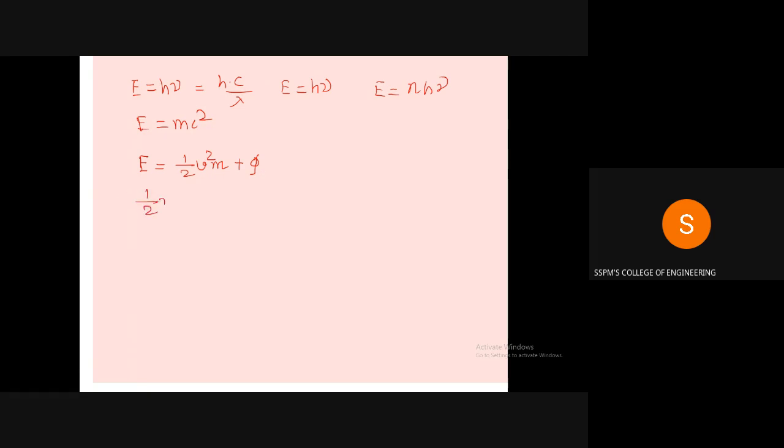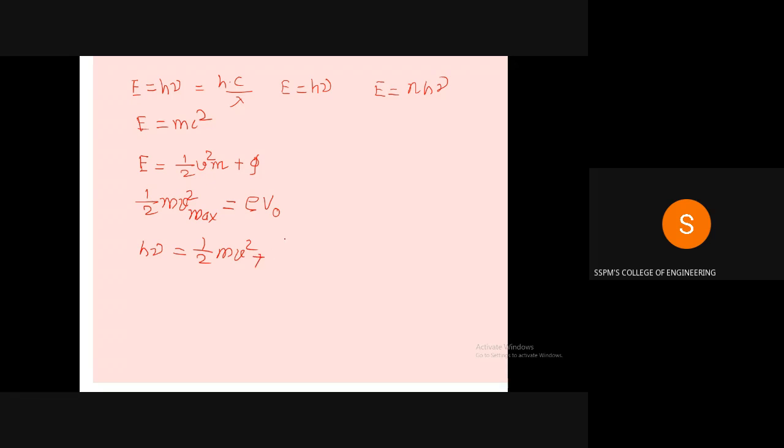One more method, 1/2 mv square maximum. The velocity attained by ejected photoelectrons will be maximum by following this equation, if the applied potential difference is zero. Right? The same equation we could write as h nu equals to 1/2 mv square plus phi.